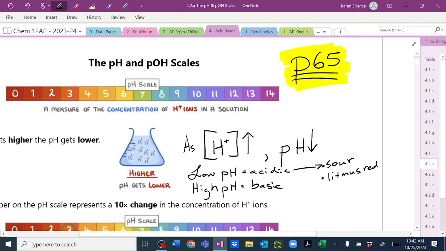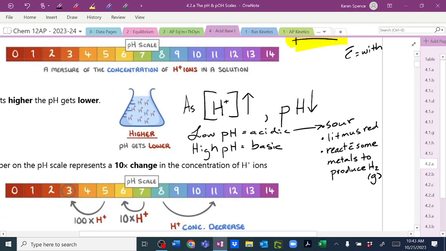It reacts with some metals. Instead of corrosive, we're going to say it reacts with some metals to produce H2 gas. Acids are sour.